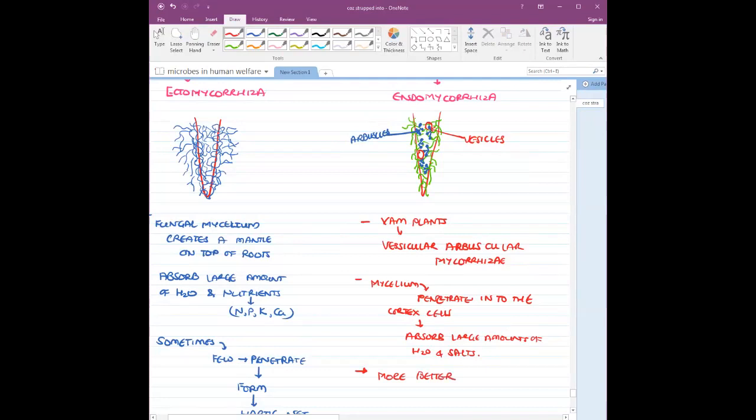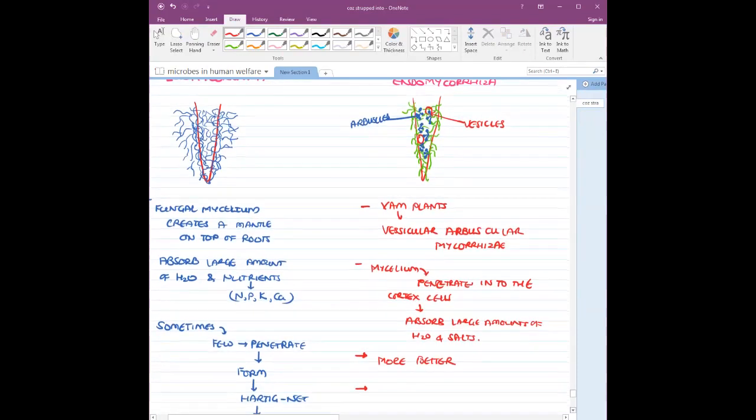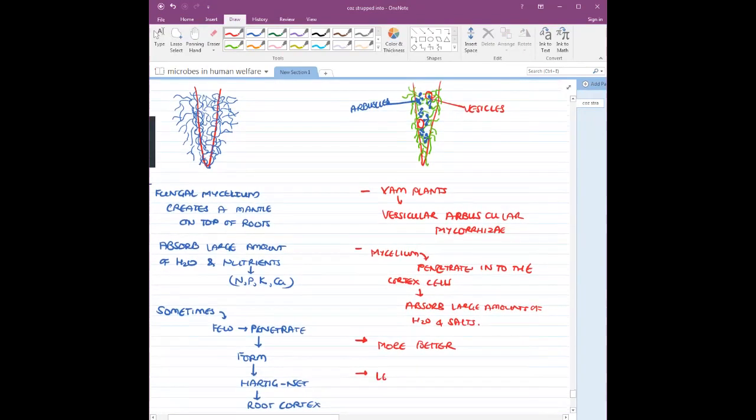And also remember, guys, when you use this endomycorrhiza in any field, it converts your less productive field into a more productive field. And guys, this is very important.